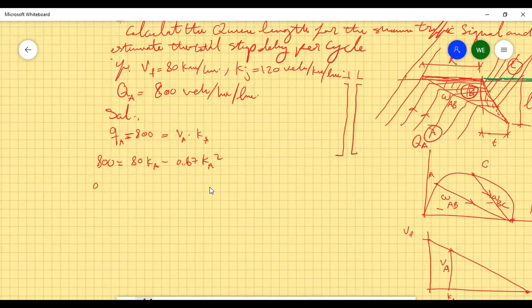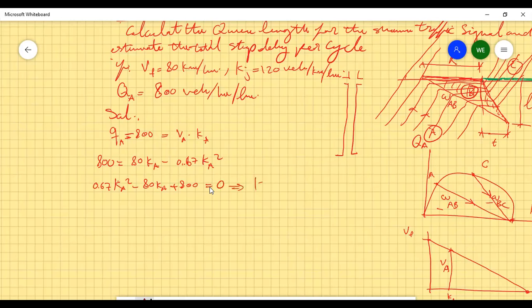So it's 0.67 KA square minus 80 KA plus 800 equal 0.